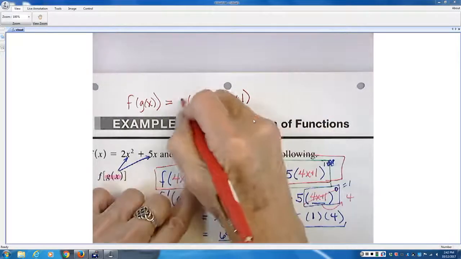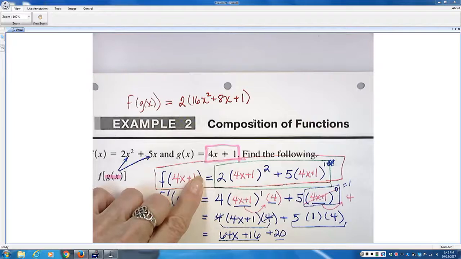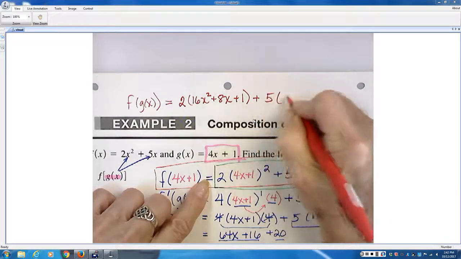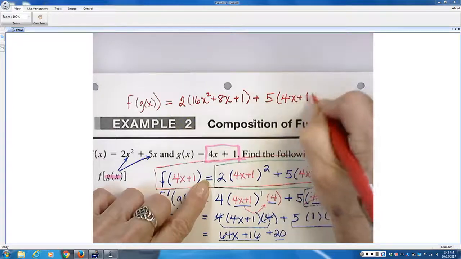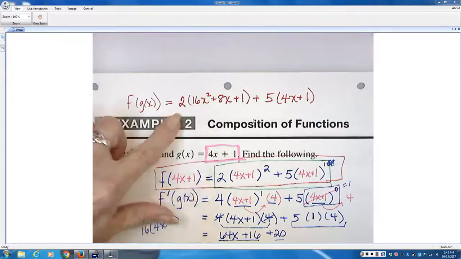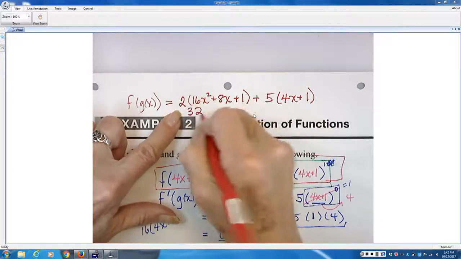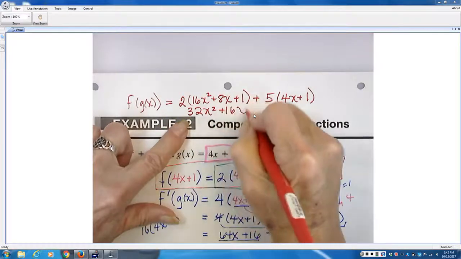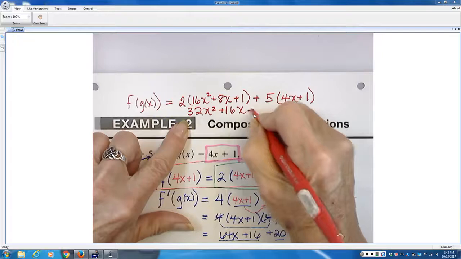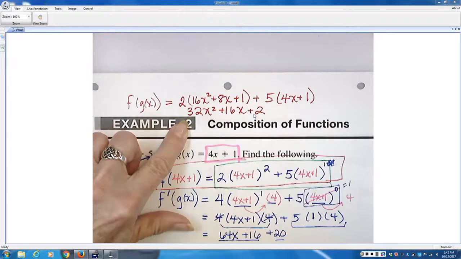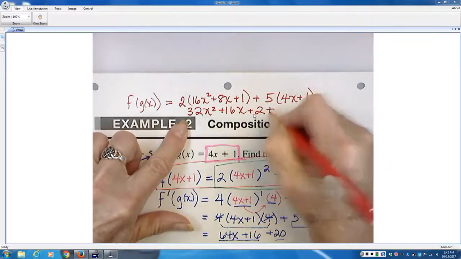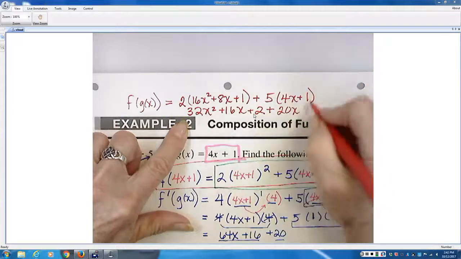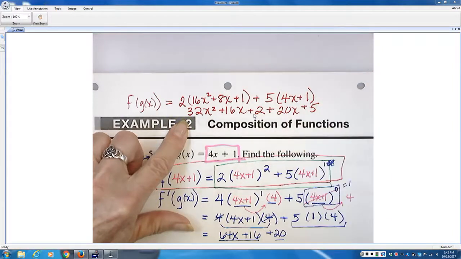And I'm going to multiply that by 2. And then 2 times 16 is 32x squared. 2 times 8 is 16x. 2 times 1 is 2. Plus 5 times 4x is 20x. 5 times 1 is 5.